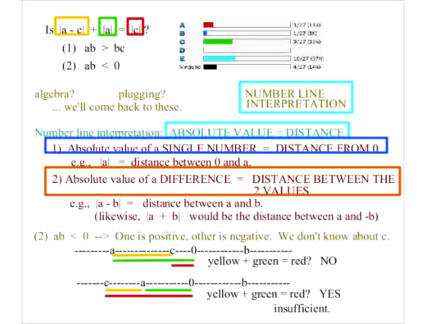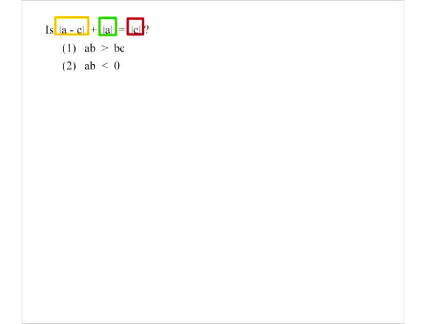Okay, let's try statement 1. Statement 1 means AB is greater than BC. So what we can do is divide this by B, but make sure that you are very, very careful when you do that, because you do have to think about what happens.